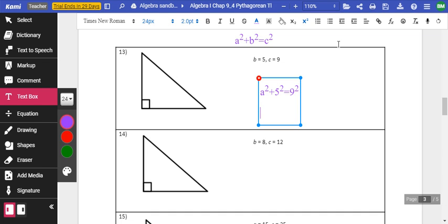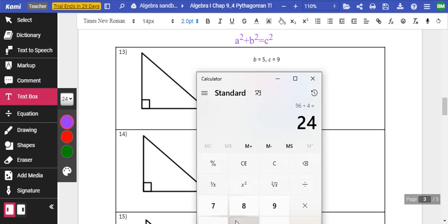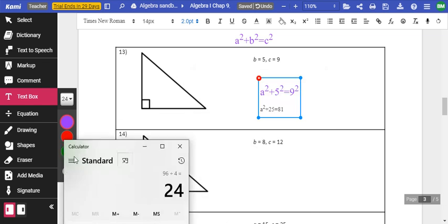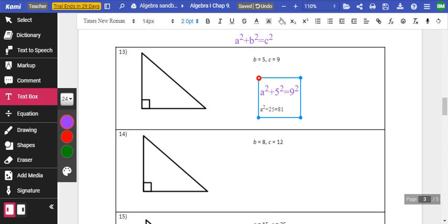So we've got A squared plus 25 equals 81. If we do 81 minus 25, we get 56.